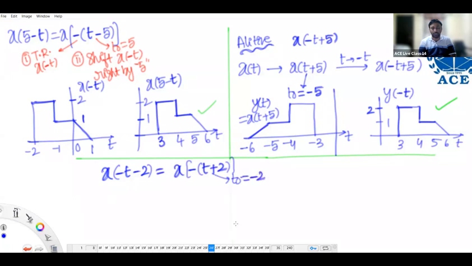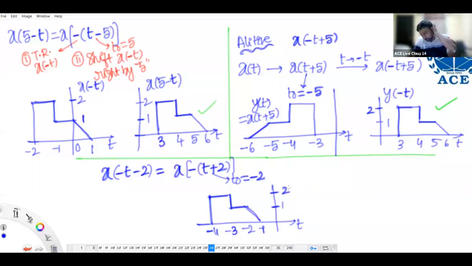Take a left shift of 2 units. So where does it cover? If you add minus 2 here, the x of minus t signal is left shifted by 2 units. It means to the time axis we are adding minus 2.